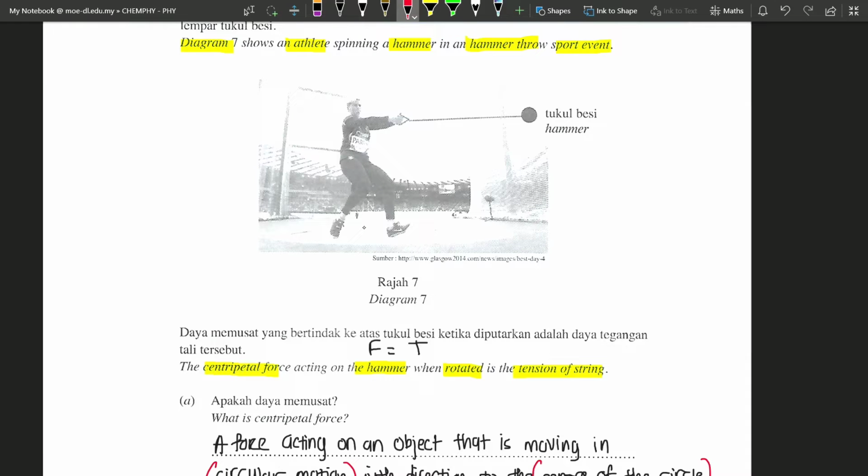So, arah daya memusat adalah here, ke tengah bulatan itu. Yes, to the center of the circle. So, kalau you guys tengok situasi ni dari atas, let's say this is the person, dan ini adalah tali dan bola tukul besi tu. So arah daya memusat mestilah ke center of the circle. So nanti bola tu akan dipusing secara bulatan lah.